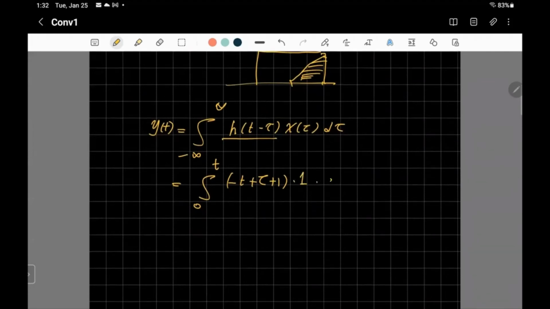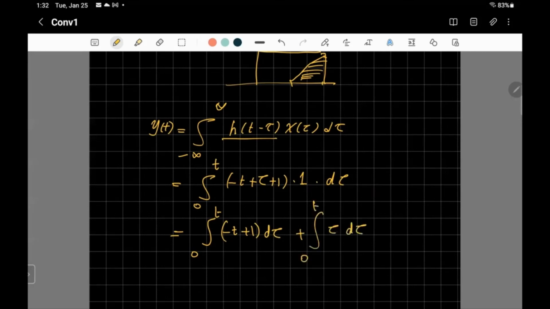The integration with respect to tau. Now look for the integration. By the way, I'm going to do it like that: the integral from 0 to t of (minus t plus 1) in one bracket, and plus tau in another integration.